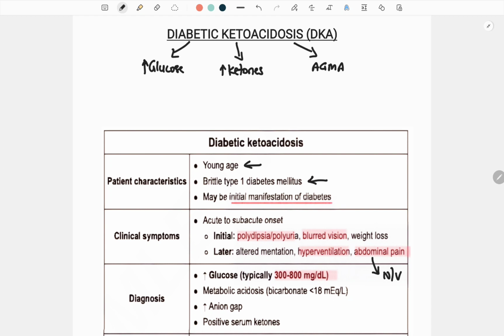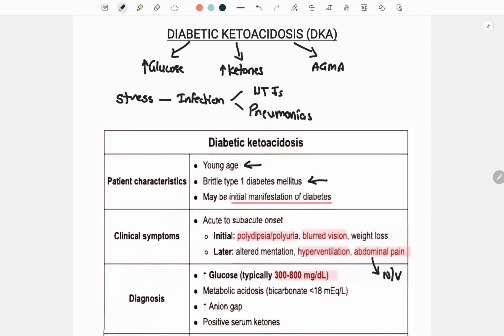Talking about the causes of diabetic ketoacidosis, the major cause is stress, and stress can be because of infection, and two major infections that can cause diabetic ketoacidosis are UTI and pneumonias.